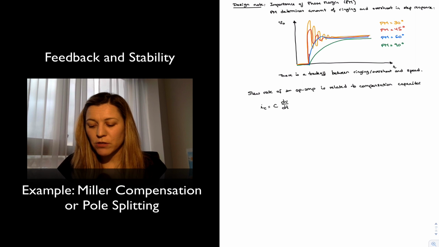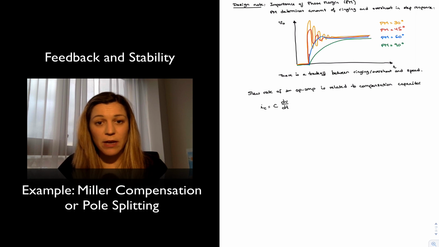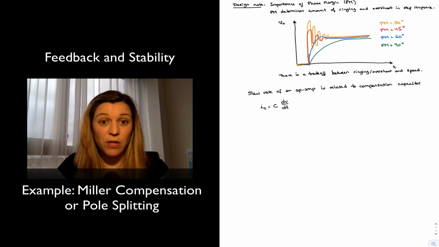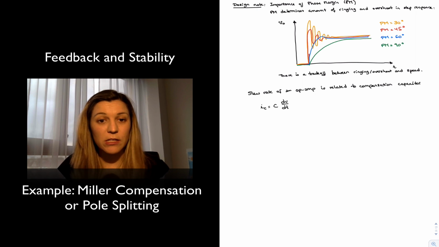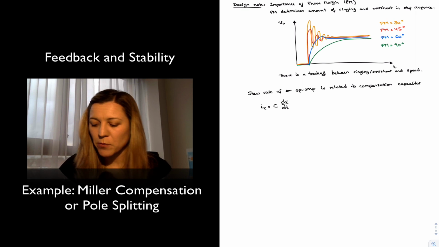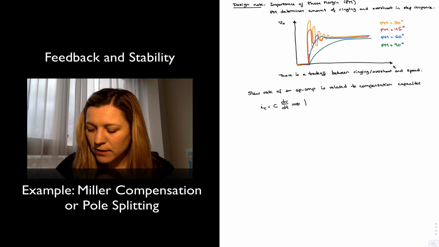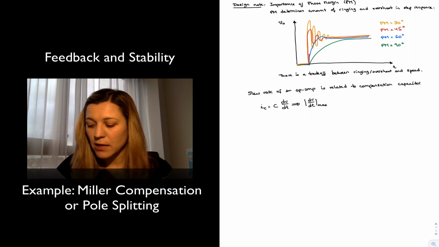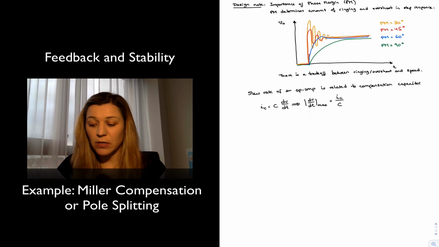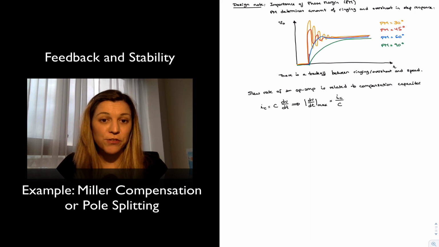And so the rate of change of voltage across a capacitor cannot be infinite unless you have infinite amount of current. Our supplies in our circuits typically cannot provide infinite amount of current. You're limited by the amount of current that your supply can provide, and therefore that limits your maximum rate of voltage change across that capacitor. It's going to be equal to IC divided by C. You can see that the larger the capacitance, the smaller the maximum rate of change of the voltage.